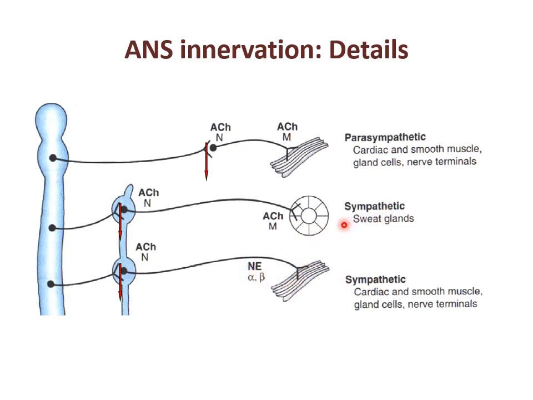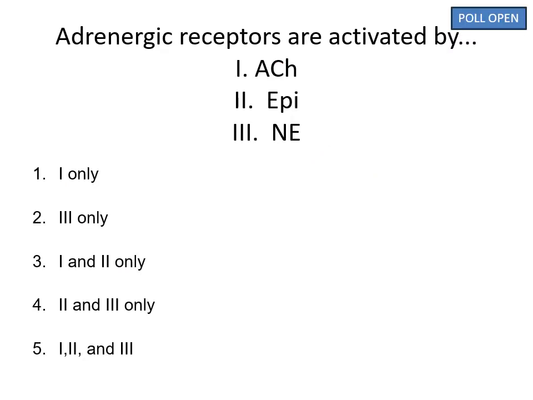But the exception is sweat glands. Sympathetic outflow, because that's defined from where the neurons originate, but the neuroeffector neurotransmitter is acetylcholine acting on muscarinic sites. You can answer this on your own.